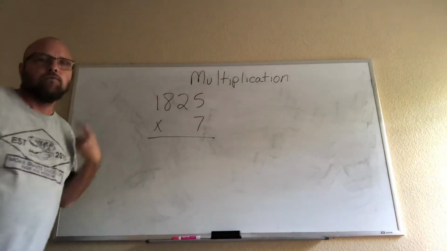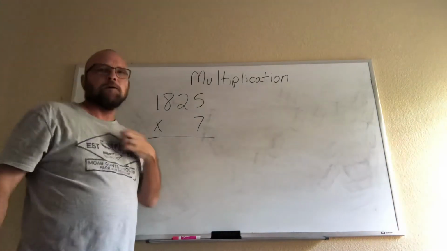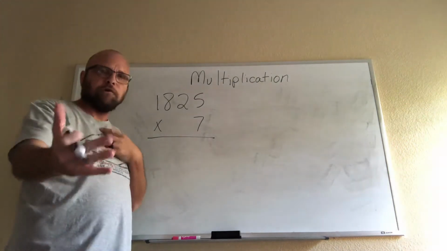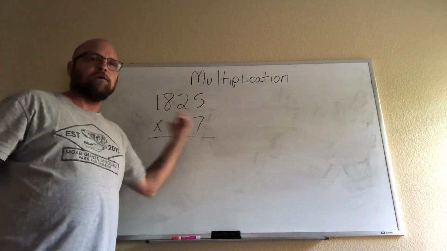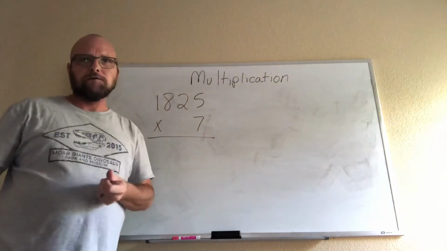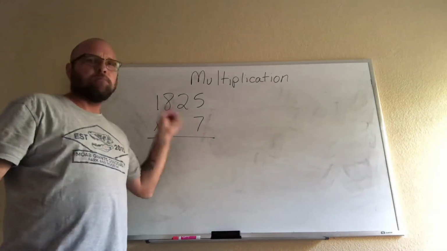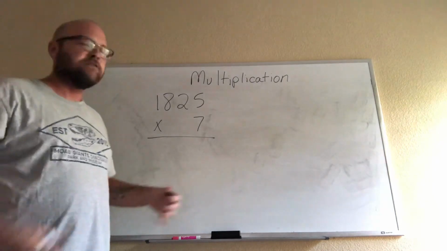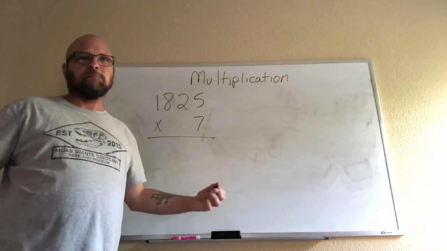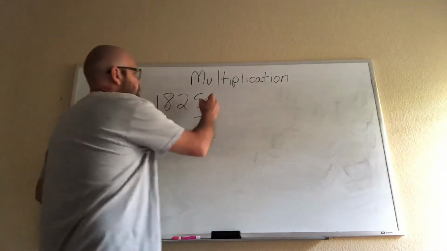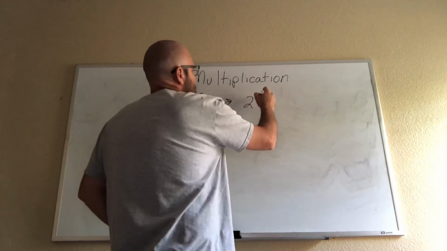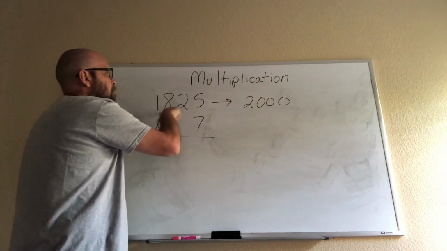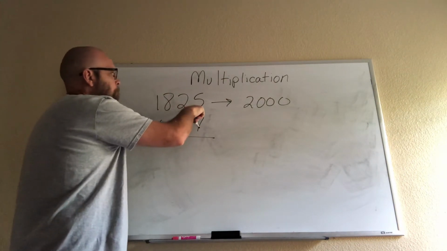Now again, when I estimate, I want to do something that's easy for me. What's easy for me might not be easy for you. So you may change one of our numbers to something else. If it's a one-digit number, I never mess with it. I leave my one-digit numbers the same, because the more I change it, the farther off my estimate's going to be. Like for example, on this one, I'm changing this to 2,000, which is 175 bigger than this.